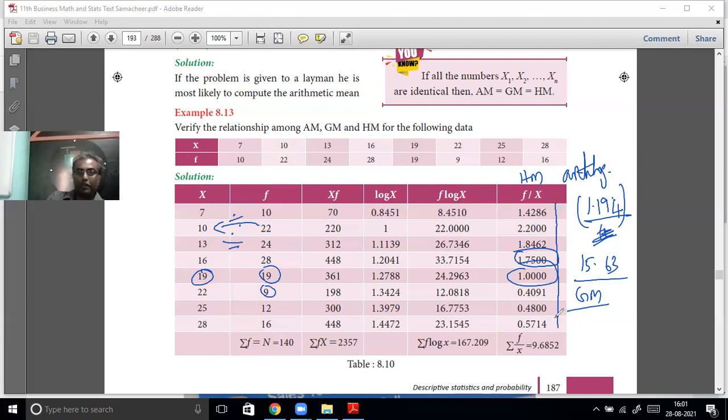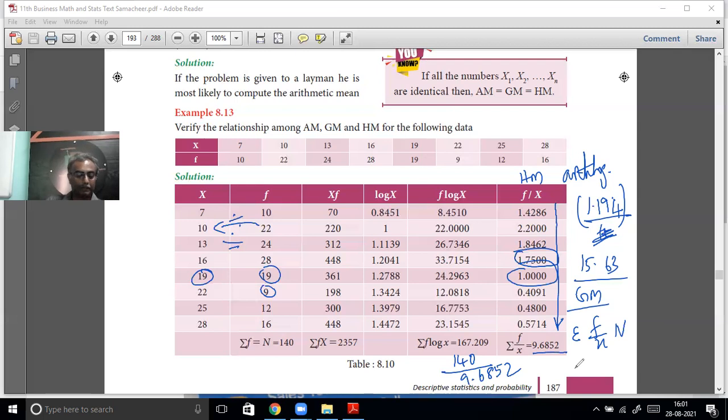Now you have to sum up all this, sigma of f by x. Once you get that, divide n, which means 140, divided by 9.6852. Let us calculate that. 140 divided by 9.6852. Do you have a calculator?